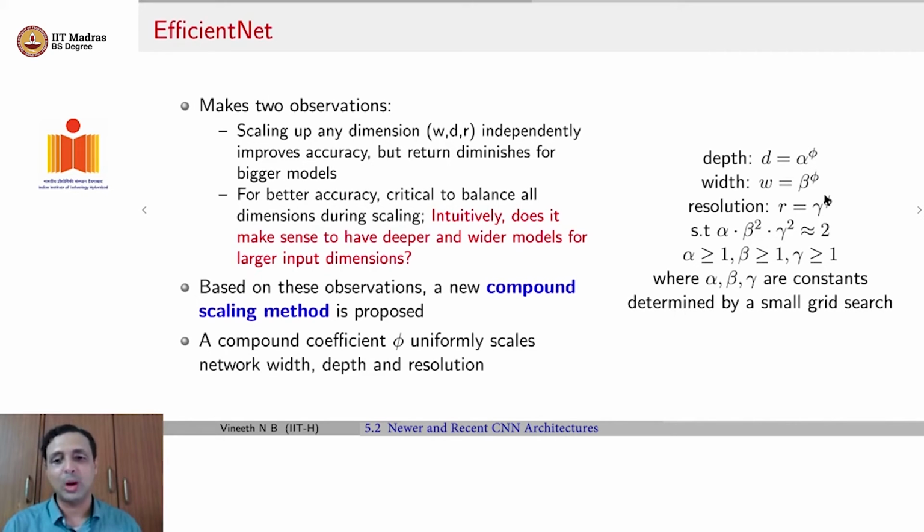So when phi is equal to 1 and you have doubled your resource availability, solving this equation, alpha into beta square into gamma square equal to 2, allows you to scale your depth, width and resolution in a manner in which you will at maximum go up to 2 times your current number of computations. That's the way you go about doing it. And once you decide your alpha, beta, gamma for a given problem, you then change phi and you can get a family of models.